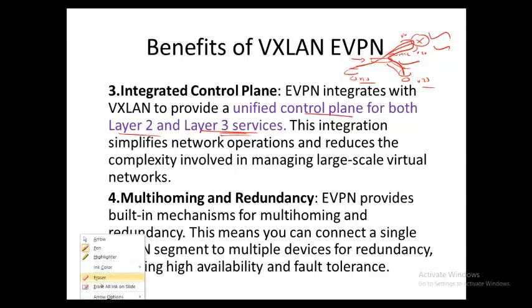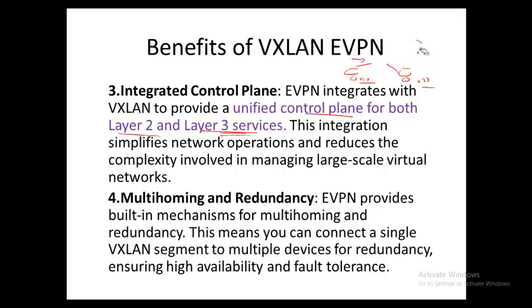Same story here. VXLAN without EVPN, you don't have a routing capability. It's a simple layer 2 switch. When you have EVPN, you also get routing capability. That's what here I can compare to make you understand this. Is this clear? Integrated control plane for both layer 2 and layer 3.